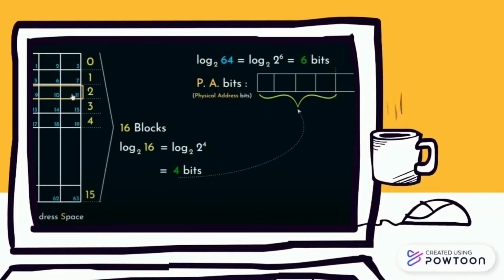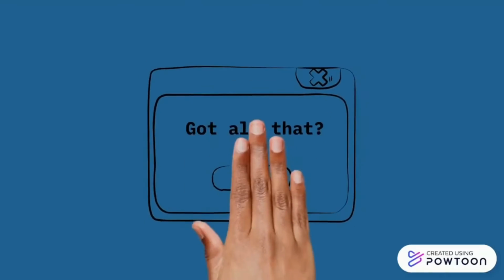The reason is that the main memory is sometimes referred to as the physical address space, and in this physical address space there are 16 blocks. In order to locate each of them, we will need log 16 base 2, which is log 2 to the power 4 base 2, which is 4 bits used for identifying the blocks, and the least significant 2 bits are used for addressing each word in each block.